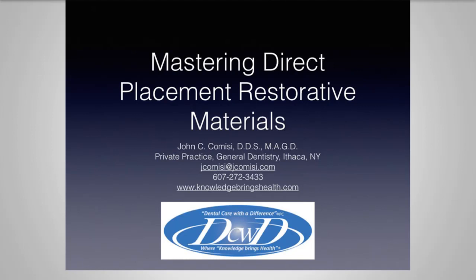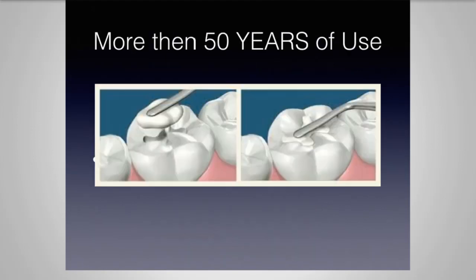We're going to be speaking about direct placement restorative materials, in particular composite, and understanding a little bit about where it's been, where it's going to, and how we're using it, so that we've got a better understanding on how to work with this material, which has become such a focal point in all of our practices.